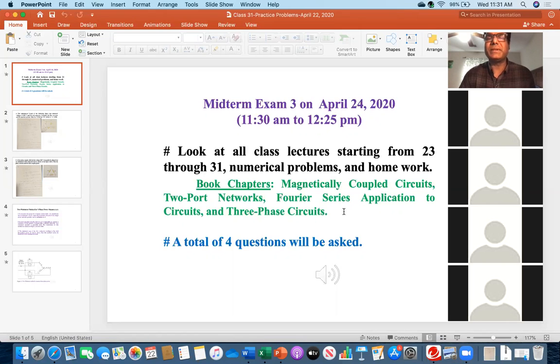And then the book chapters cover magnetically coupled circuits, two-port networks, Fourier series application to circuits, and then three-phase circuits. And then you might expect 3 to 4 questions, not more than 4 questions.